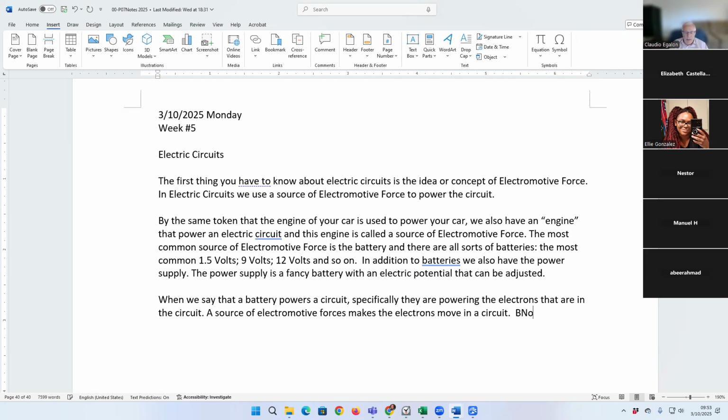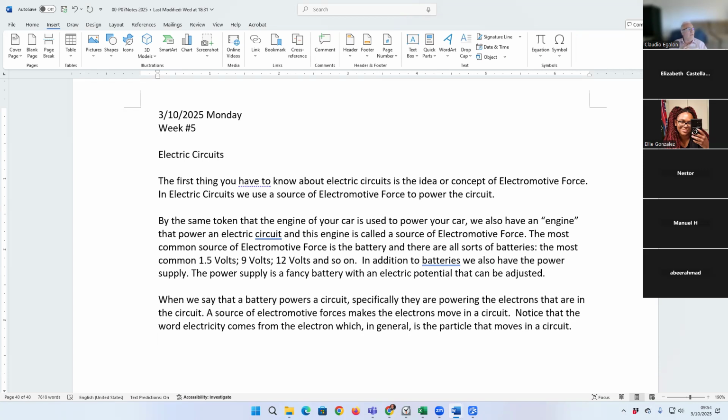Note that the word electricity comes from the electron, which in general is the particle that moves in a circuit.